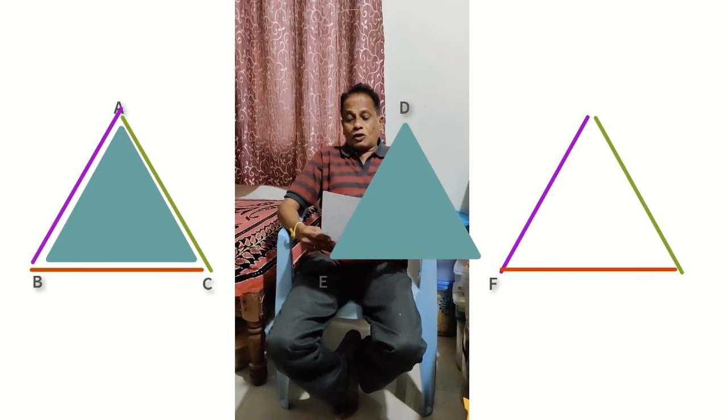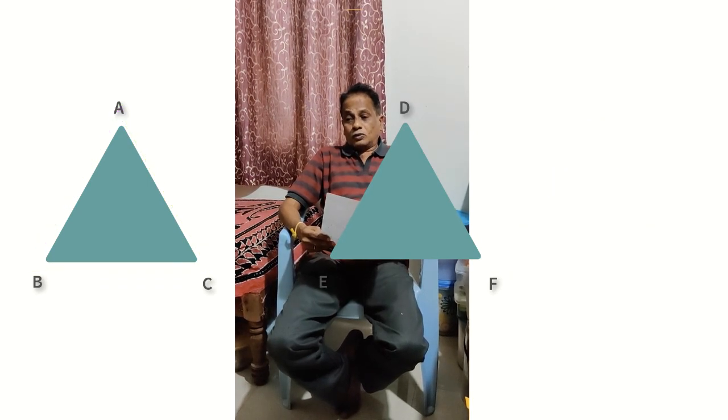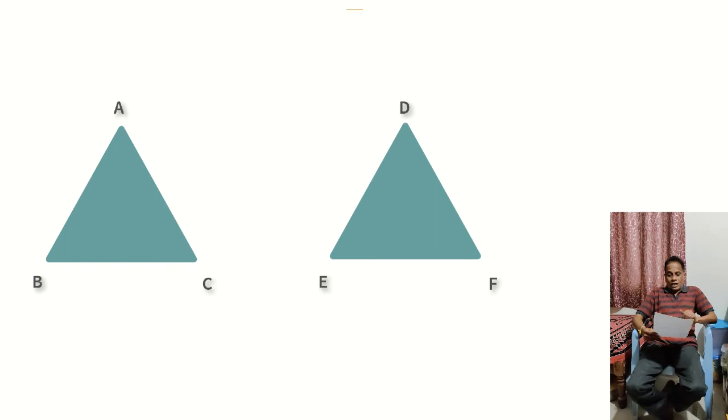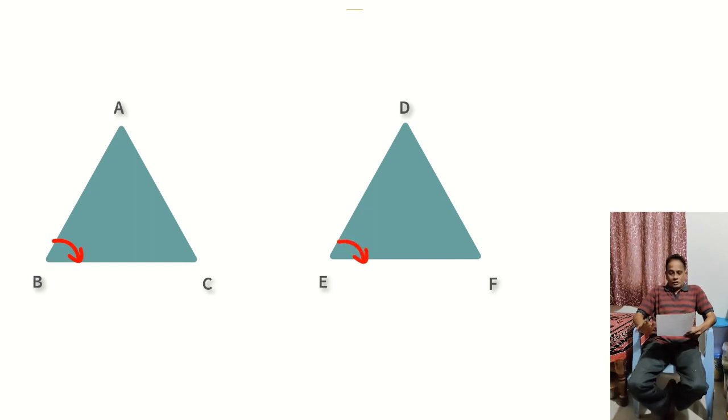Now we shall come across one-to-one correspondence with respect to the angles. Now let us say angle ABC is congruent to angle DEF. Similarly, angle BAC is congruent to angle EDF.